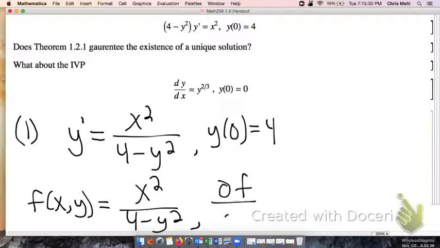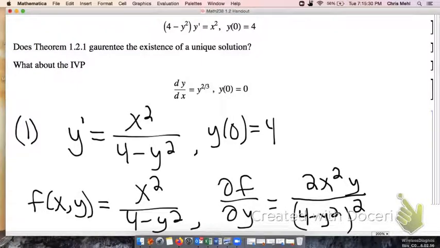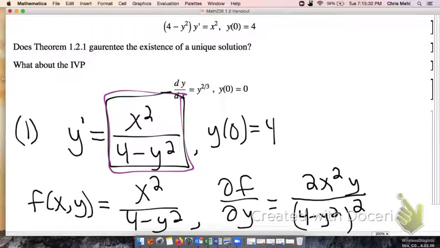Now you can take the partial derivative with respect to y, and we're going to find where f and its partial derivative with respect to y are continuous. I believe that partial f partial y should be 2x squared y over the quantity 4 minus y squared, squared.